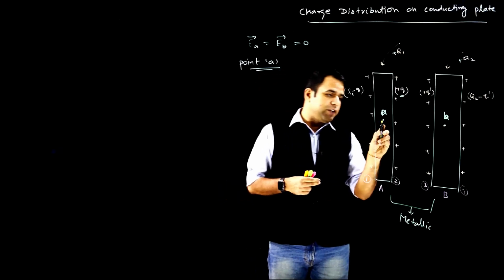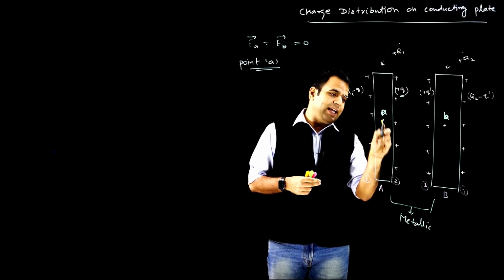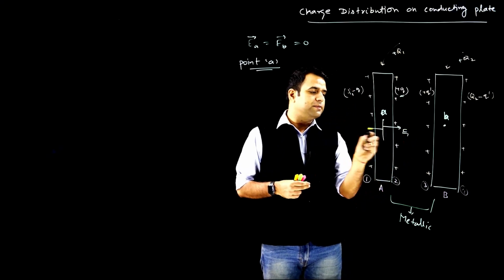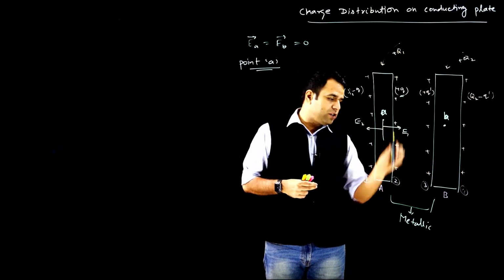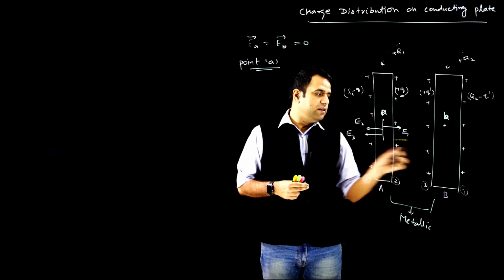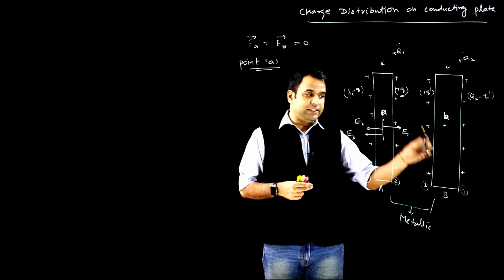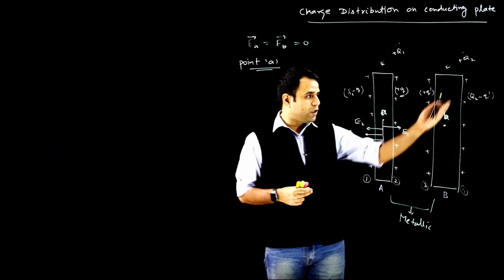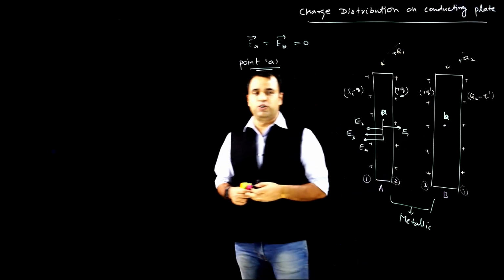So point a will experience electric field E1 in the right direction. E2, coming from this charge distribution, will be in this direction. E3, because this is positive, will be in this direction. And then there is E4 because of the 4th charge distribution.